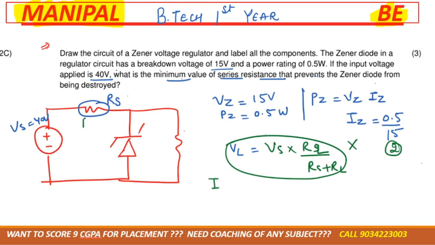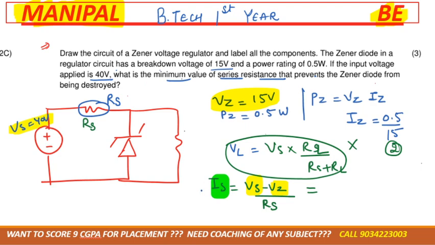But we need to calculate Rs. तो Rs के लिए what will be the formula? Is is equal to Vs minus Vz by Rs. Rs में ही आता है, तो उसके लिए we should know Is. Is है? नहीं है. We should know Vs. Vs is given, that is 40. We should know Vz. Vz is also given, that is 15 volt.